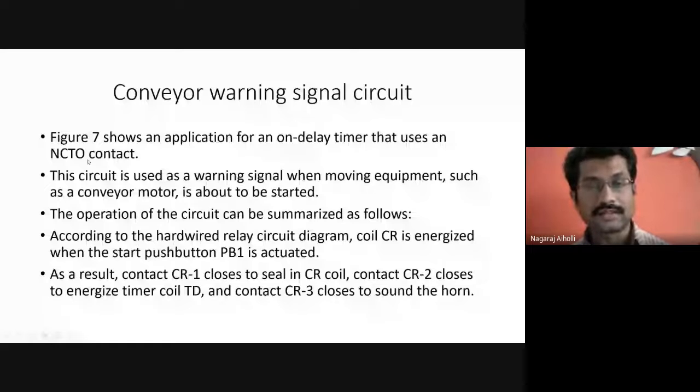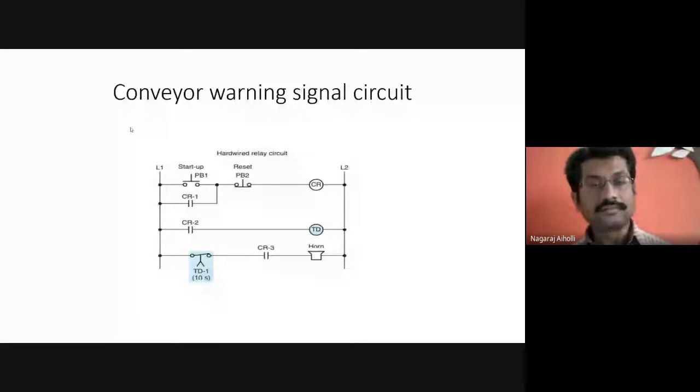Let's look into the circuit details. This is the conveyor warning signal circuit. It means that when the motor is about to be started, say after 5 seconds or 10 seconds, it gives a warning signal indicating that the motor is about to be started.